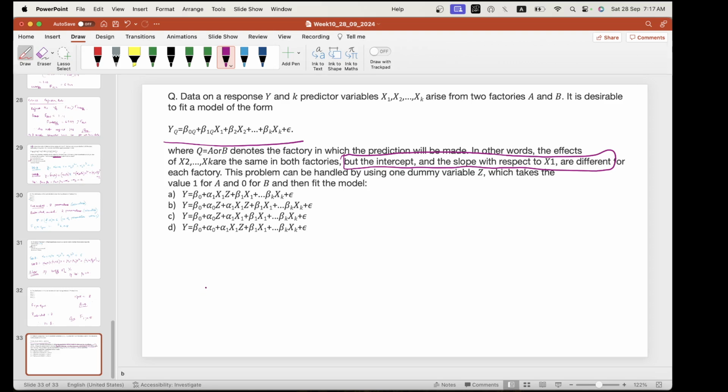So if y is beta naught plus alpha naught z plus alpha 1 x1 z plus beta 1 x1 plus beta 2 x2 plus beta k xk plus epsilon.